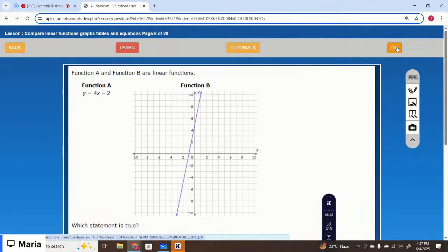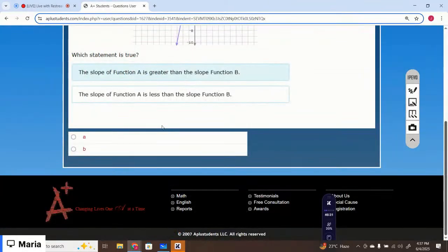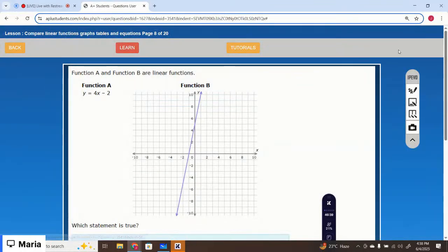The slope of function is 4. Slope of function A is less than slope of function B. Option B is the correct option.